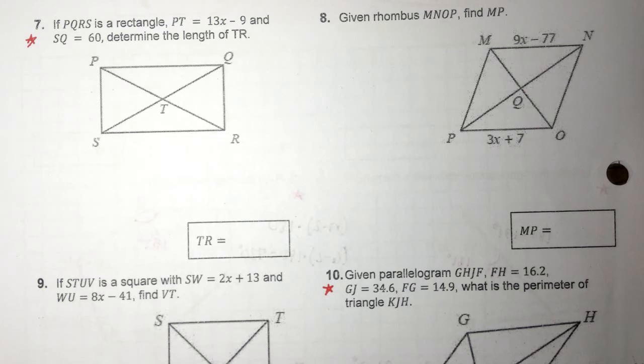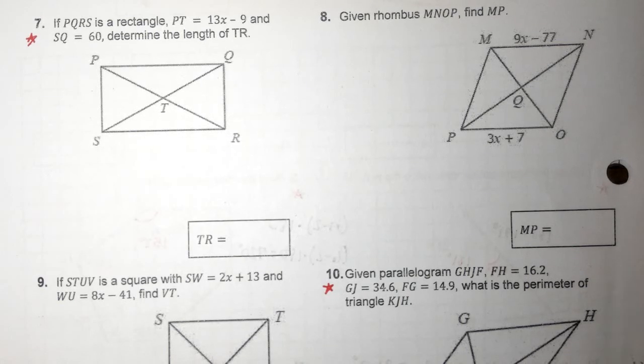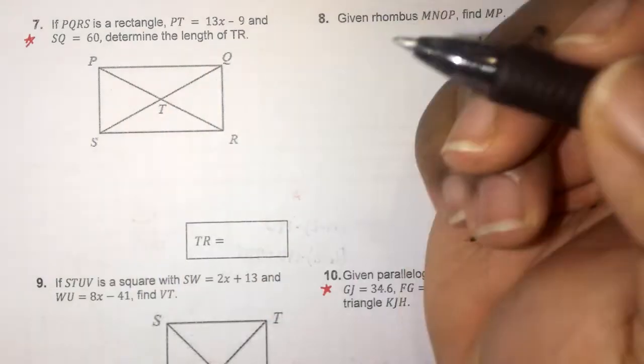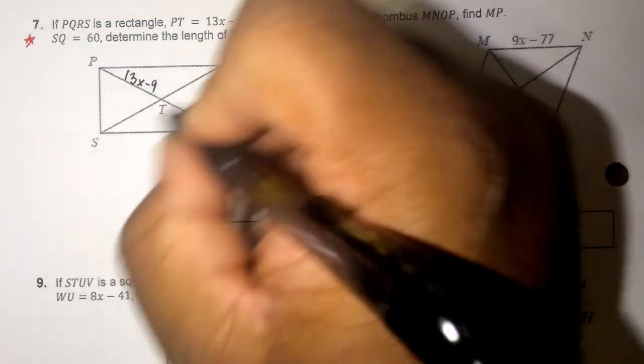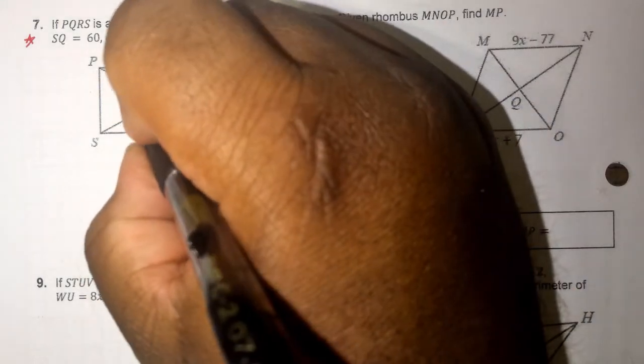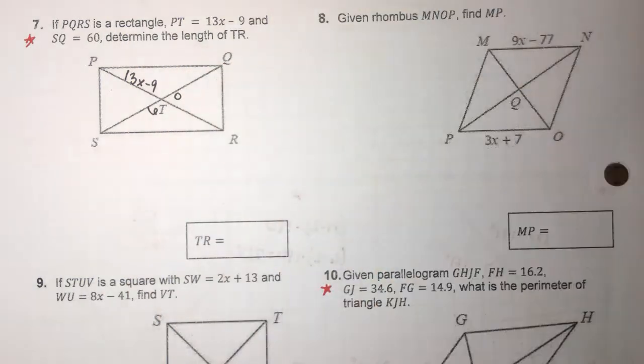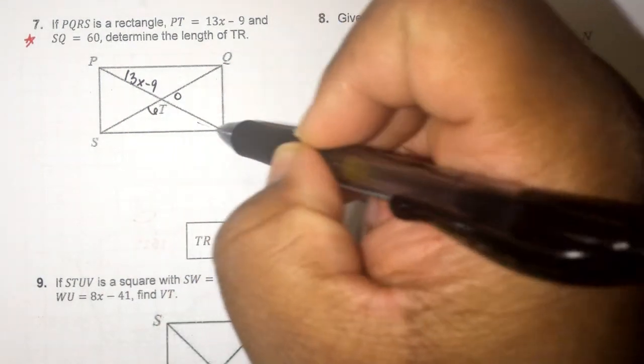Determine the length of TR. So on this one I like to label if I can. PT is this piece of the diagonal right here. Say that's 13x minus 9. And then they say SQ, this whole diagonal this way is 60. They want the length of TR, which is this piece of the diagonal right here.